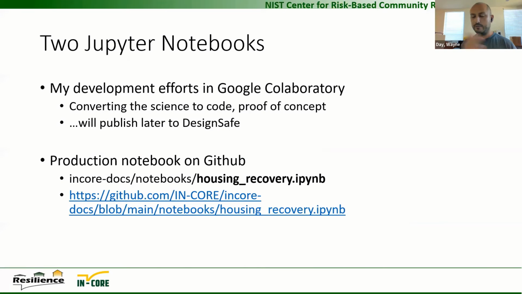So that's a real brief overview, if you want to call it brief, from start to finish. And then we'll go back through this again now in the 2 Jupyter notebooks. I've got one that I'm going to be primarily showing, which is my development effort in Google Colab.